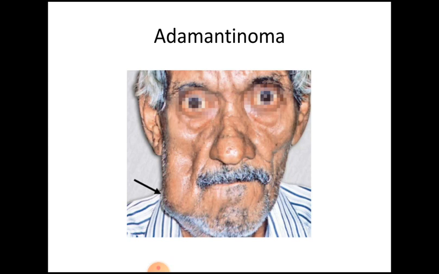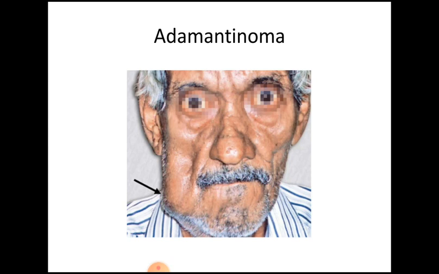This is the difference between adamantinoma and osteoclastoma. Osteoclastoma is in the symphysis menti, while the adamantinoma is at the angle of the mandible. Adamantinoma grows in both vertical and horizontal directions and may cross the midline, while osteoclastoma grows in the horizontal direction only, stops short of the mandible angle and never crosses the midline.